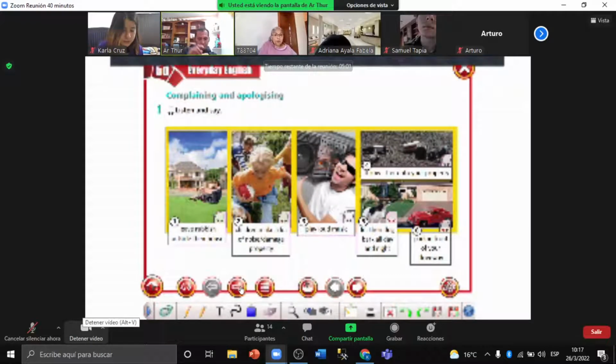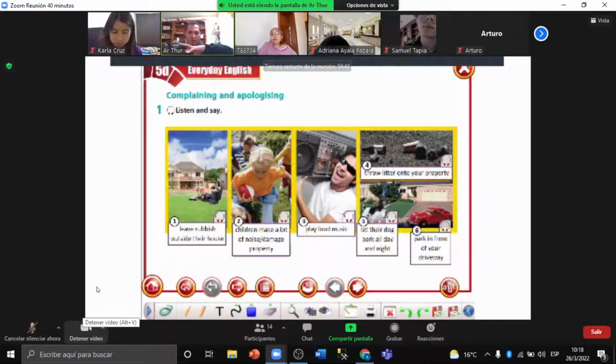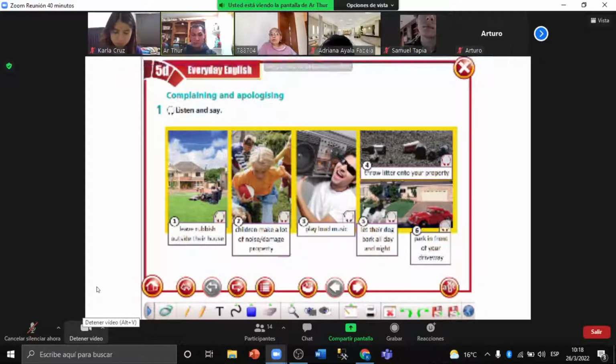It says these are some actions that some people, or we, do in our daily lives. For example, in some states in Mexico or in the United States, people play loud music, with the radio at the highest volume possible.